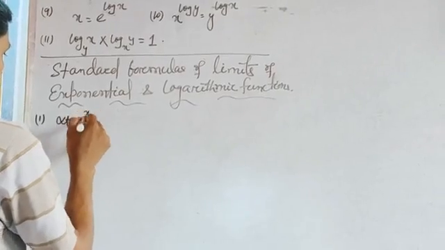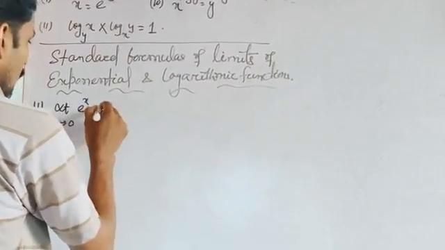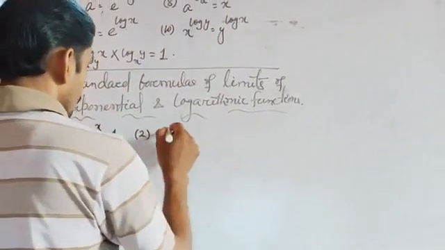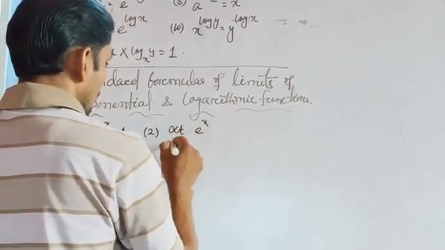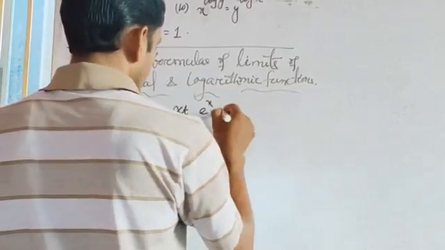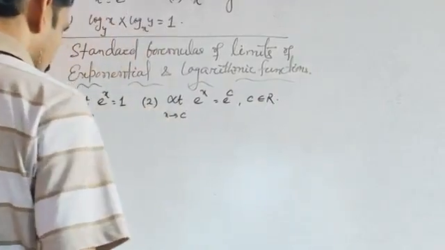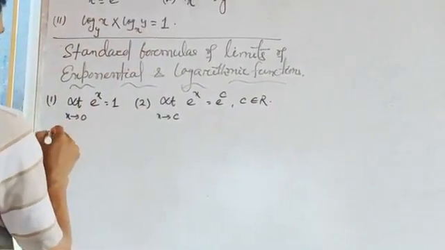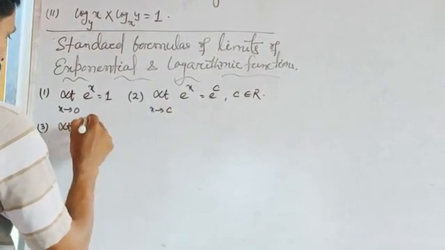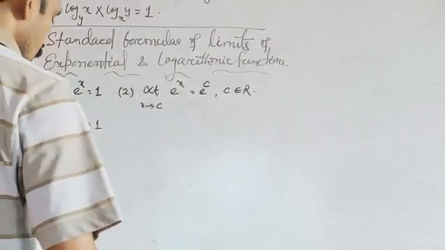Number one is limit of e to the power x as x tends to 0 is 1. Number 2, limit of e to the power x as x tends to c is equal to e to the power c, where c belongs to R. Then limit of a to the power x as x tends to 0 is equal to 1.